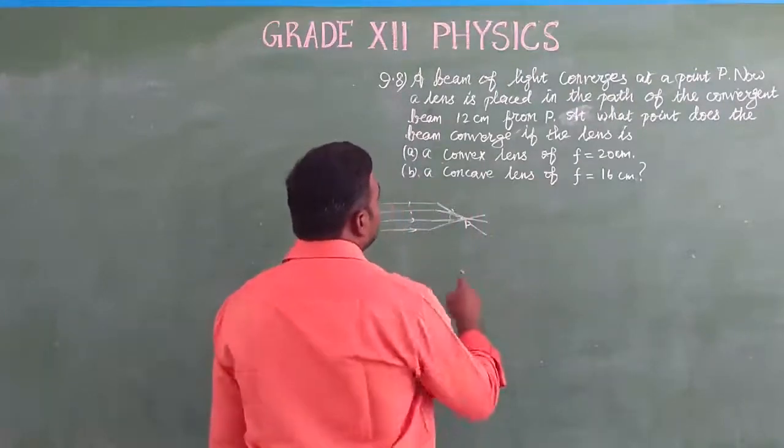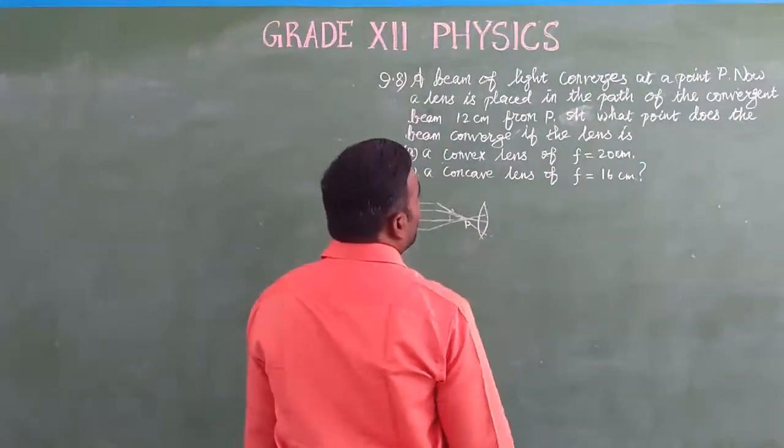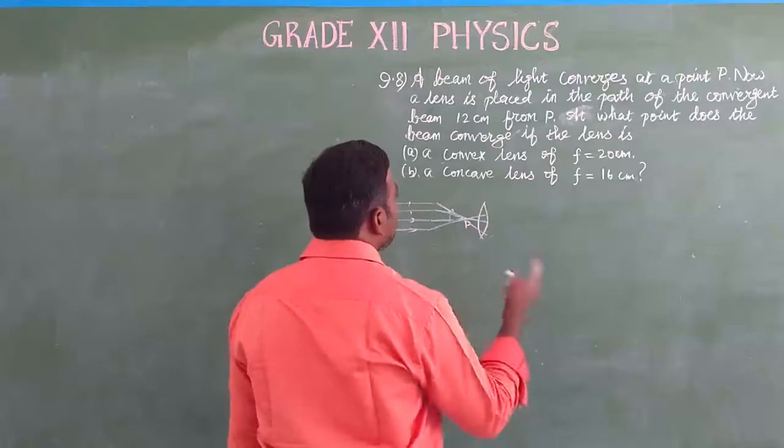By placing the lens 12 centimeter from that, at what point does the beam converge?